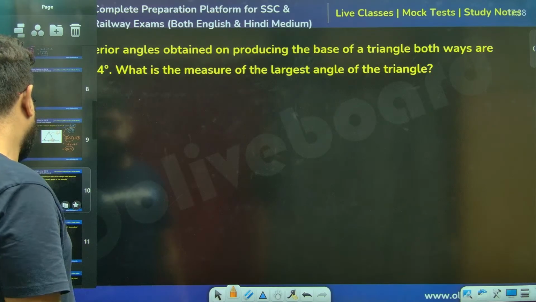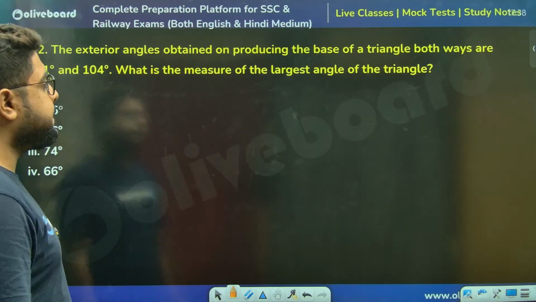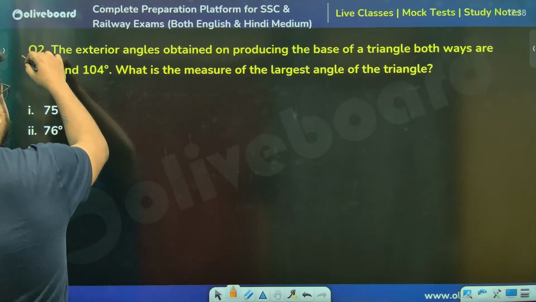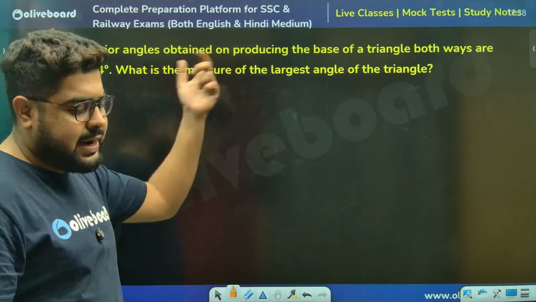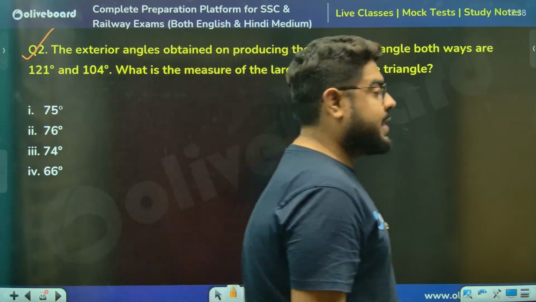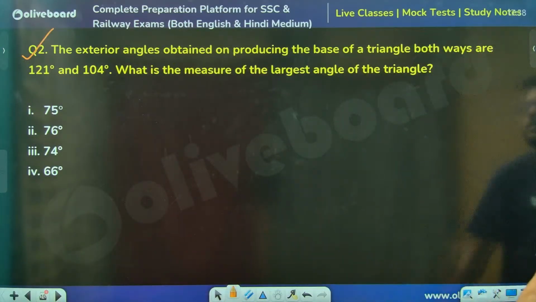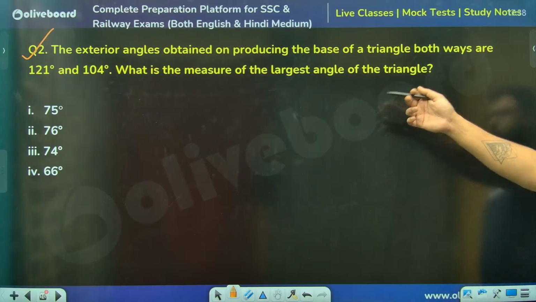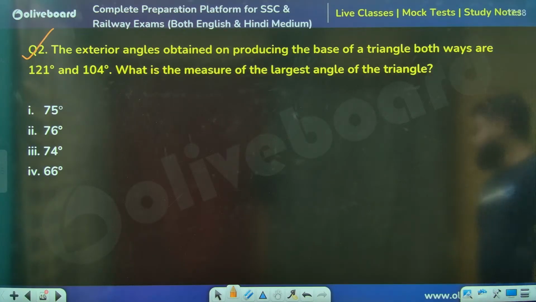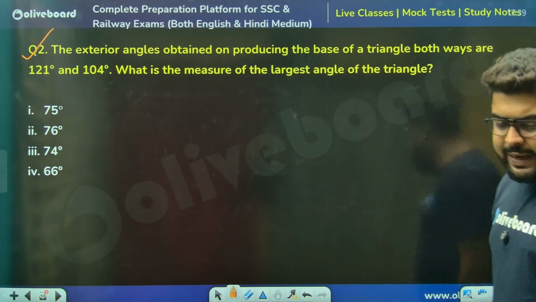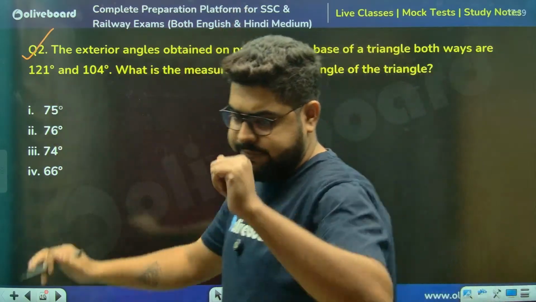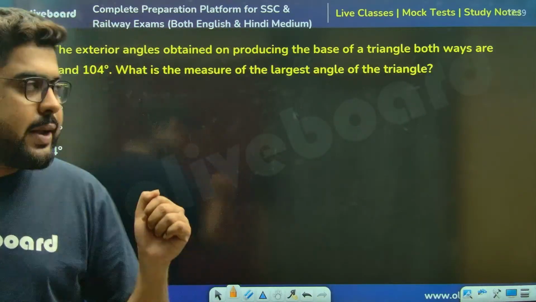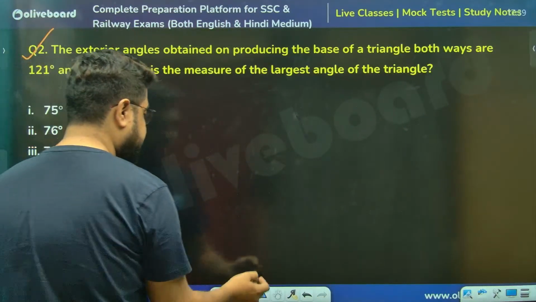Now, the exterior angles obtained on producing the base of a triangle. Producing a base of a triangle means extending. Okay, let's start with a diagram.